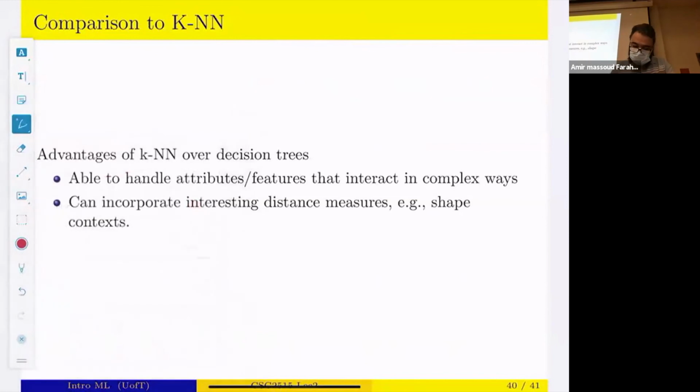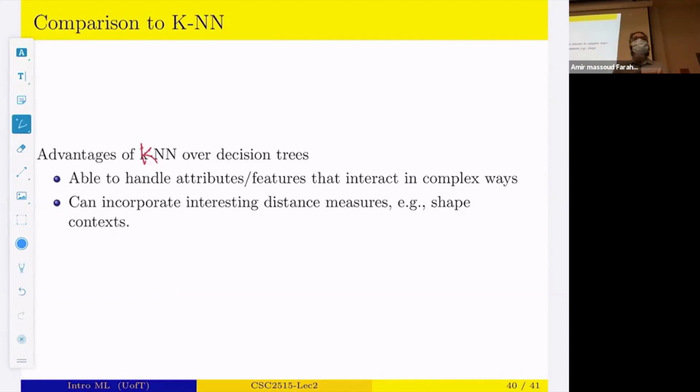So, advantages of KNN over decision trees. You can say that it can handle attributes, features, that interact in more complex ways, because decision trees basically divide the space, the way I described it, along orthogonal dimensions, like looking at only the width variable and the height variable separately, not at the same time.